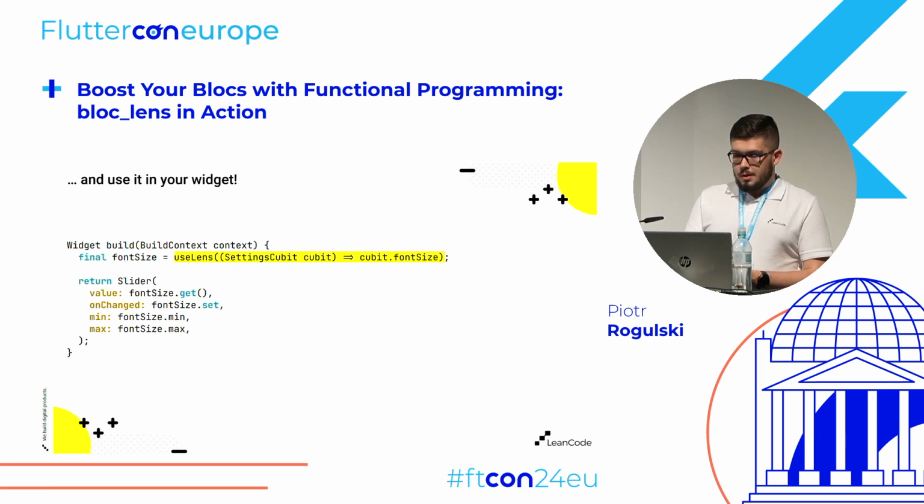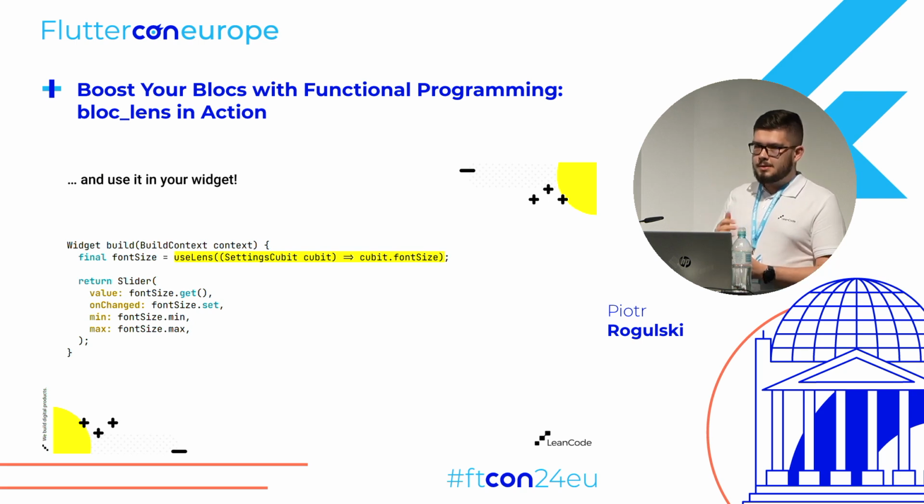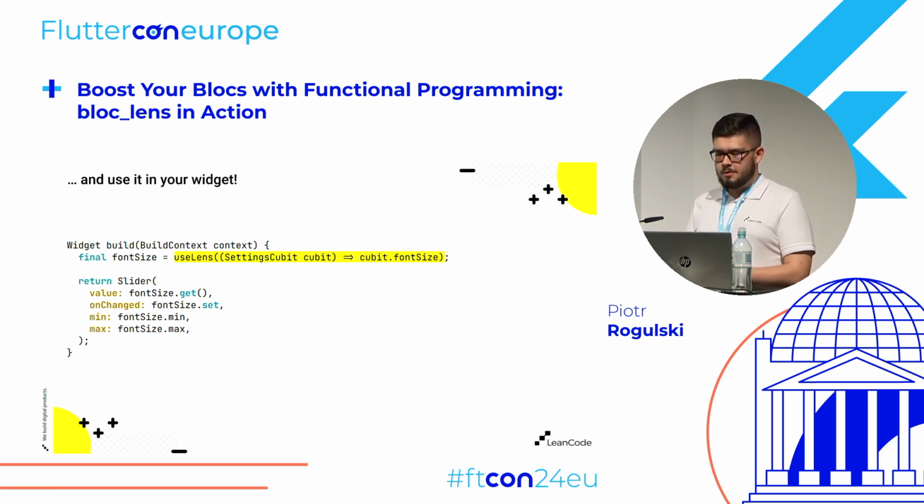And on the side of the UI, this package provides a simple util using Flutter hooks. I love this library, by the way. And this one line is all it takes to allow your widget to get the Bloc from the context, to subscribe to the Bloc, to subscribe specifically for only the changes in the value you want.